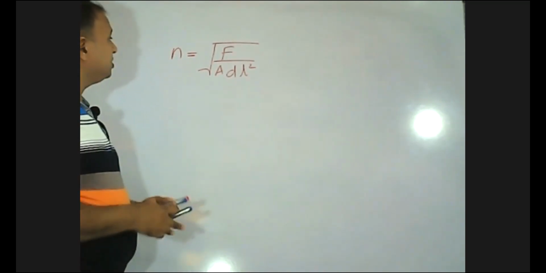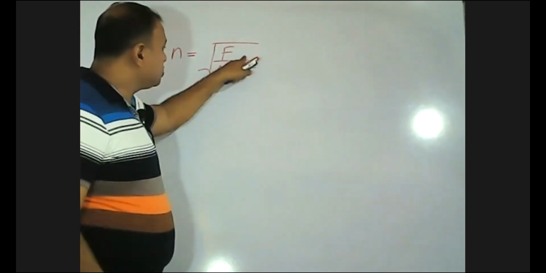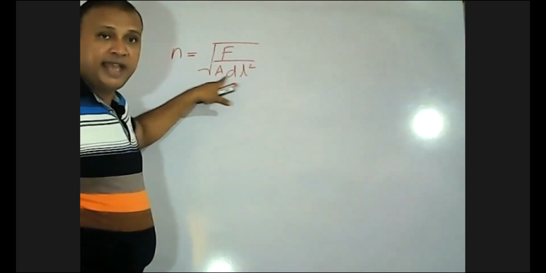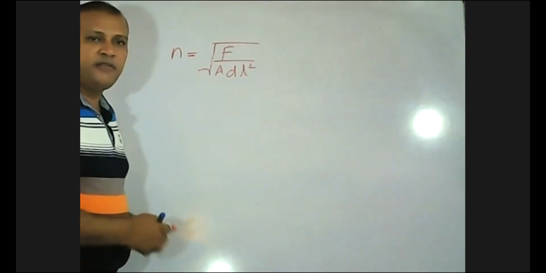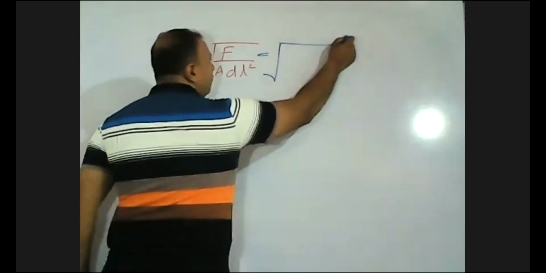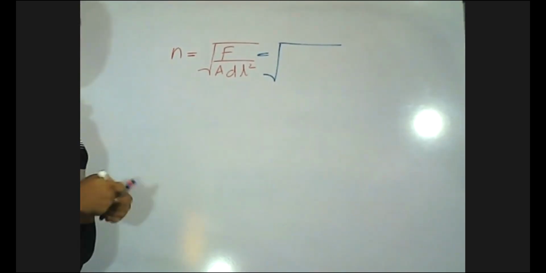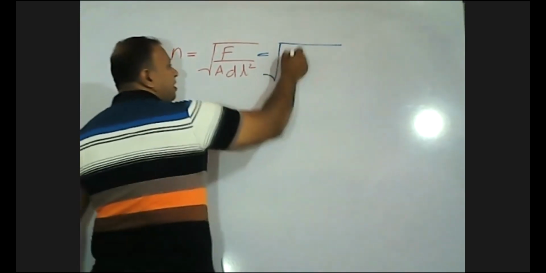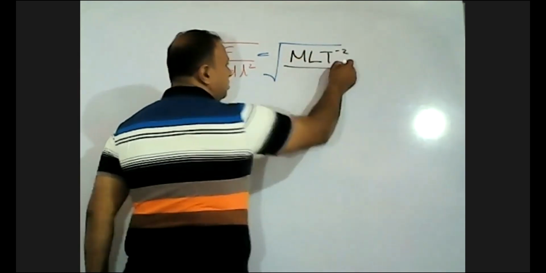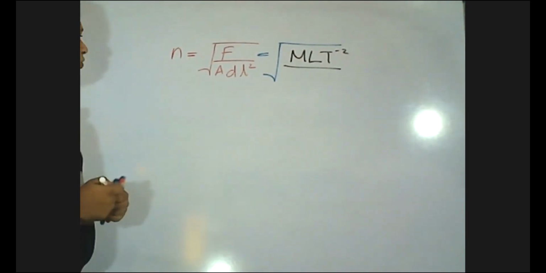So you have to substitute the dimensional equations for F, A, D, and L, then simplify. What is the dimensional equation for F? F is equal to M L T minus 2. Those kinds of things you should remember.